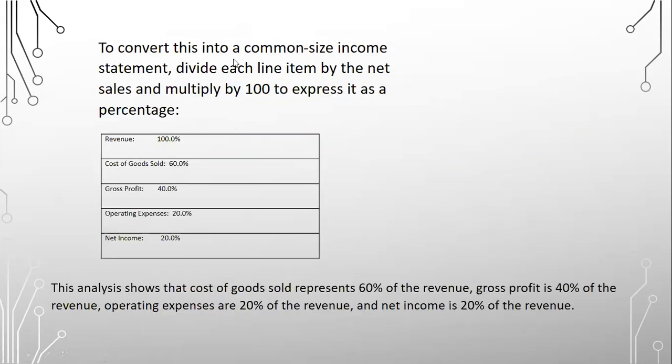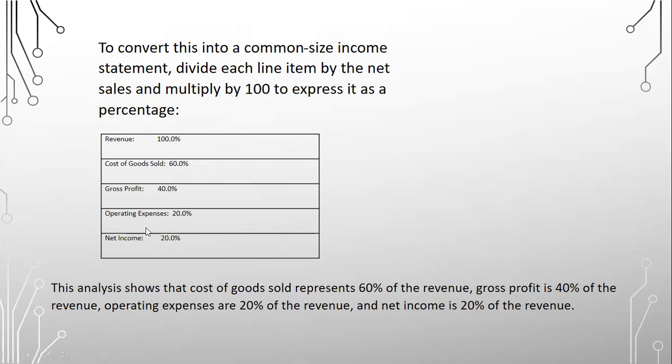So to convert this into a common size income statement, divide each line item by the net sales and multiply by 100 to express it as a percentage. So we start with our revenue. Revenue divided by revenue, you get 100. Then cost of sales divided by revenue, you get 60. Gross profit divided by revenue, you get 40. This 40 is the gross profit margin.